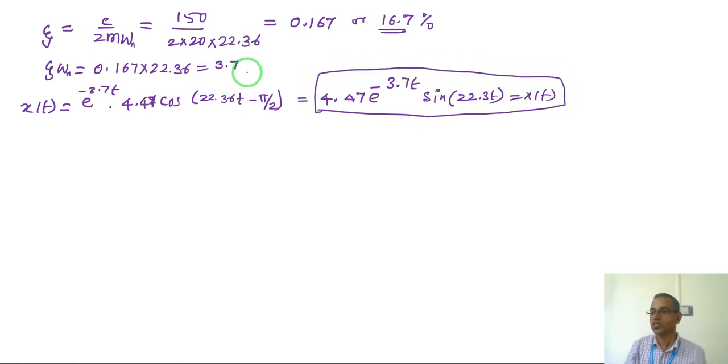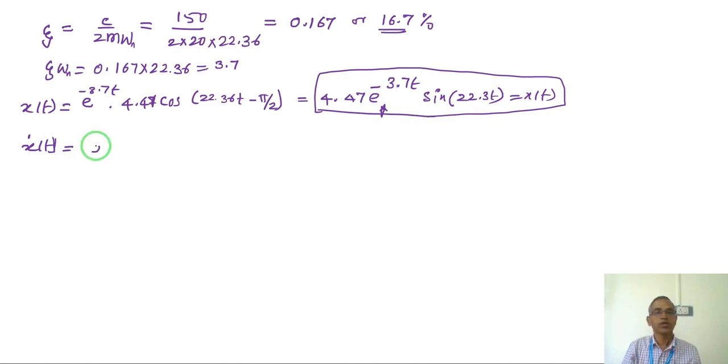When we differentiate this one more time, I get the velocity x dot of t. Same as before, differentiation of the first function into the second function plus the first function into differentiation of the second function.